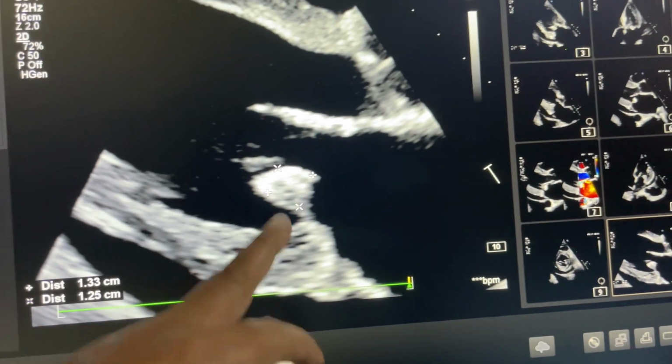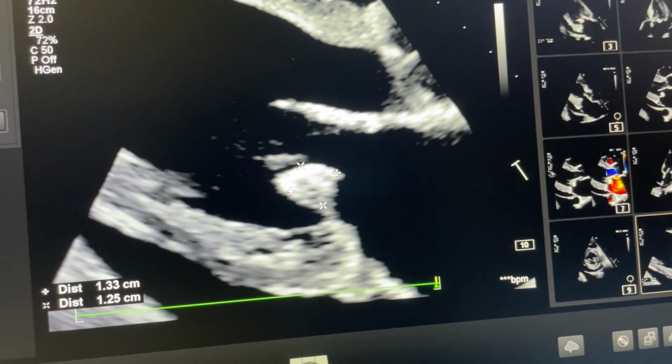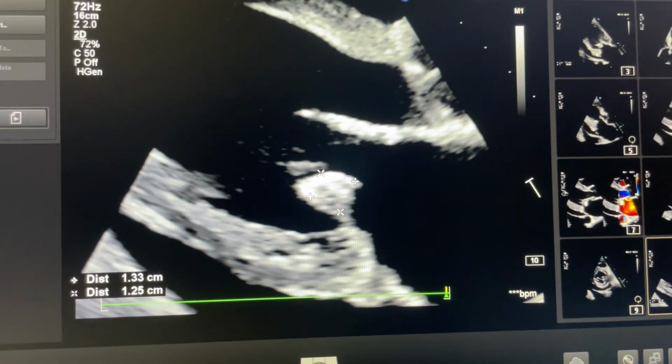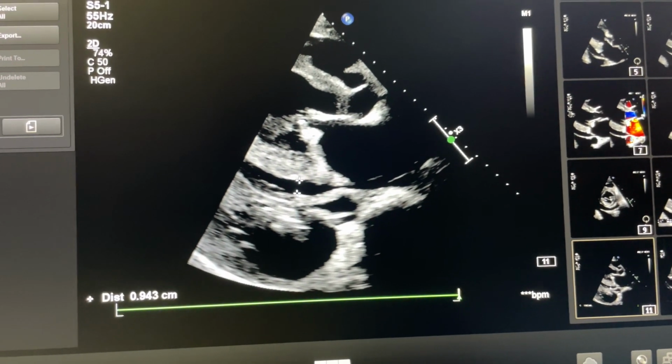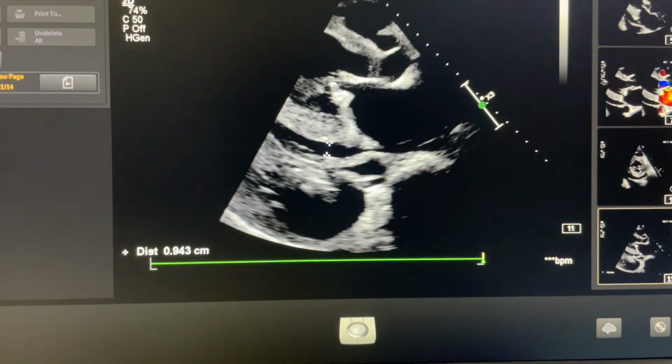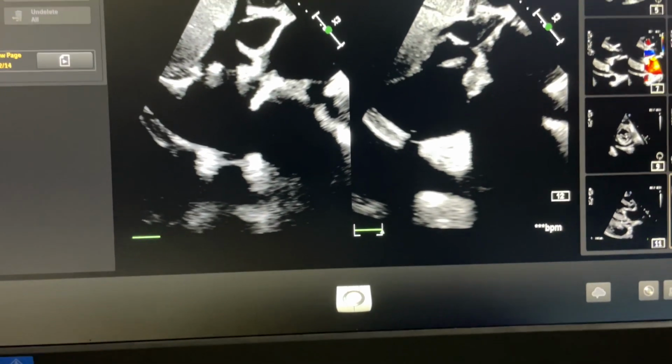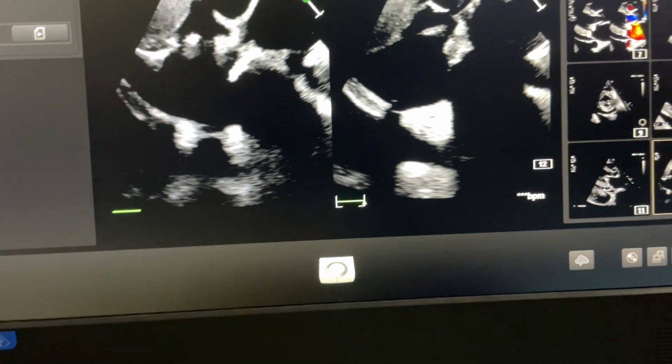This is the size of fibroelastoma of PML. This is the extent of pericardial effusion. This is right-sided pleural effusion.